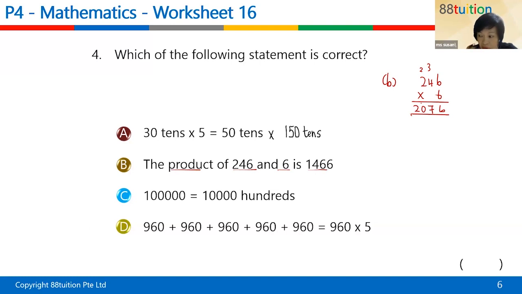You should be able to multiply by now. So this one is wrong. This one should be 2076. Let me double confirm it. Wait. 12 plus this is 14. Sorry, my bad. So this is 14 instead.